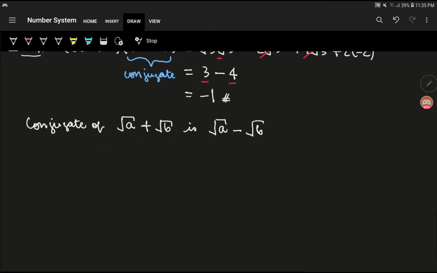What I mean by vice versa is the conjugate of surd A minus surd B is surd A plus surd B. So both of them are conjugates of each other.